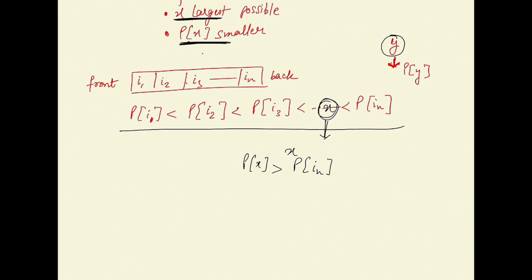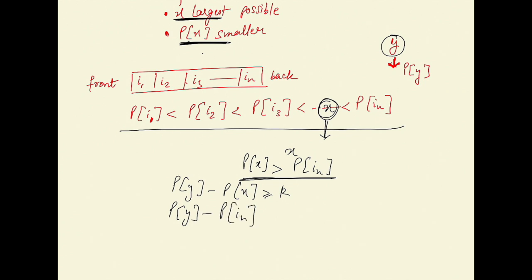Then there is no use to maintain that index, because if py minus px is greater than or equal to k, then py minus pn is also greater than or equal to k, because pn is smaller than px.